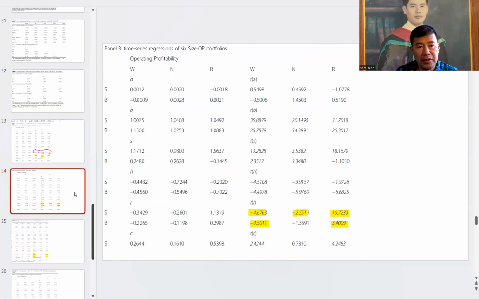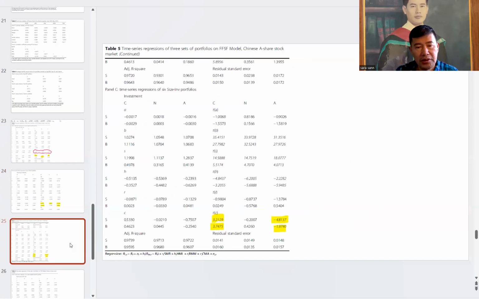No. What about this one? Operating profitability itself. There are 2 over here that make the excess return go up. Okay. 1, 2. Next. This one. Yeah, over here. Another one over here.